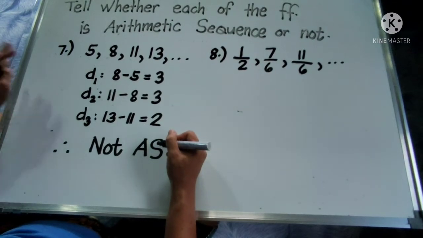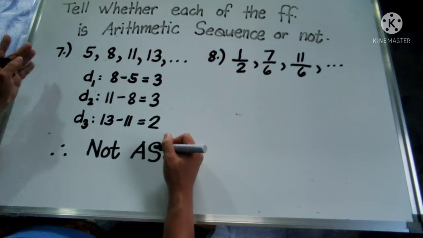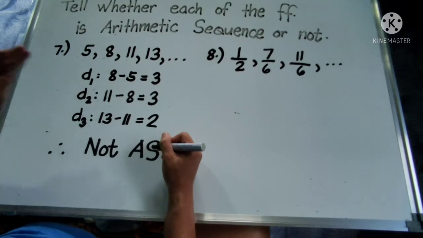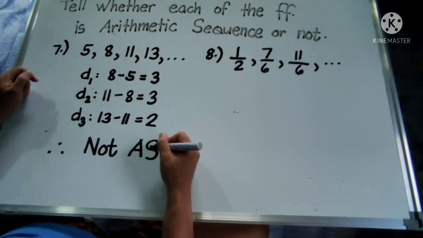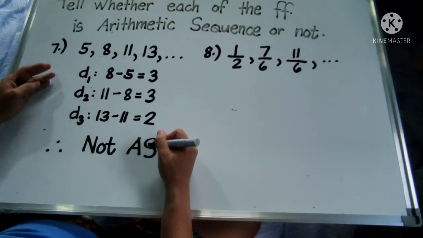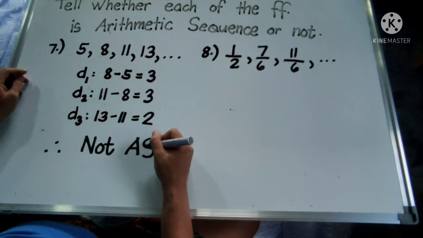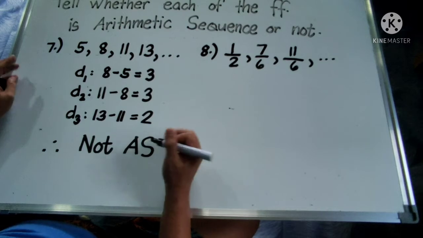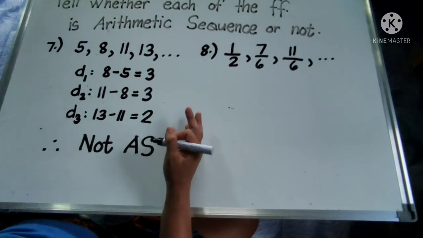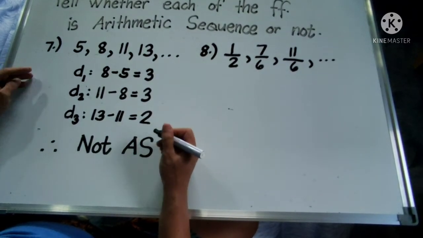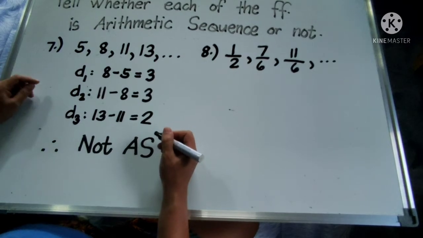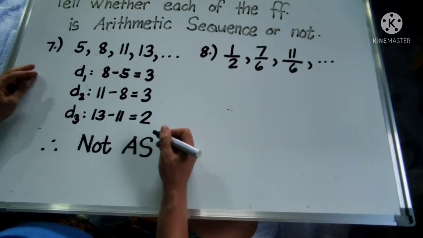So this is a heads up to you guys, to you my dear students. You have to solve for all the differences. Do not be convinced by solving the first two only and make a conclusion right away. You have to solve for all the differences because the given might be tricky.